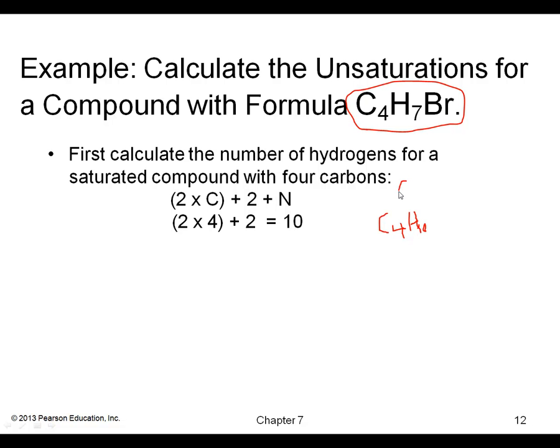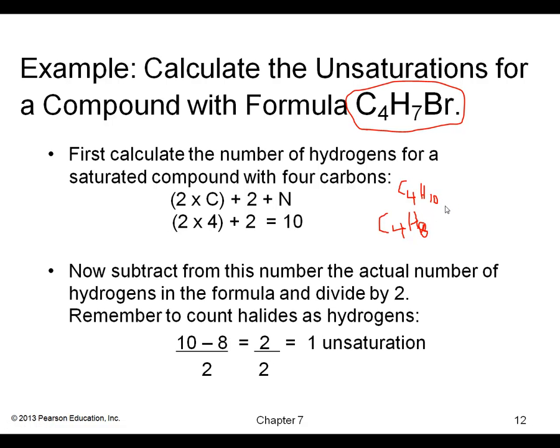What is the saturated case for C4? It's 2n plus 2, so 2n is 8 plus 2 is 10. So when I look at what I have, C4H8 compared to C4H10, I'll subtract and divide by 2, so this thing has 1 degree of unsaturation.